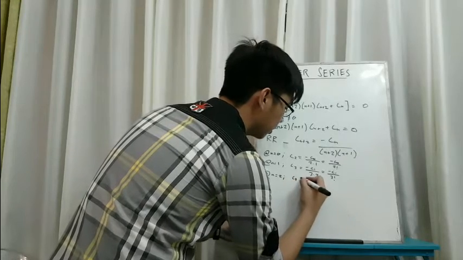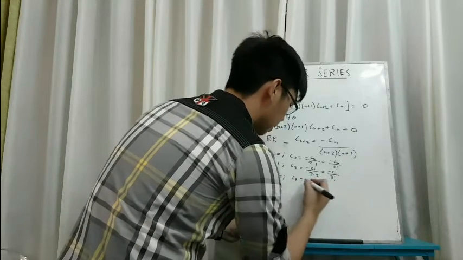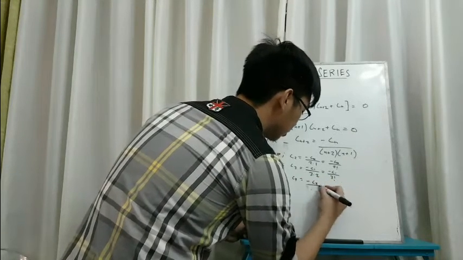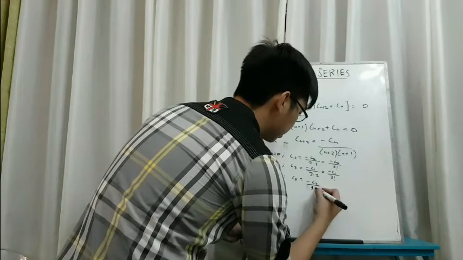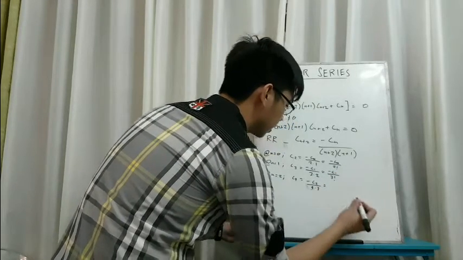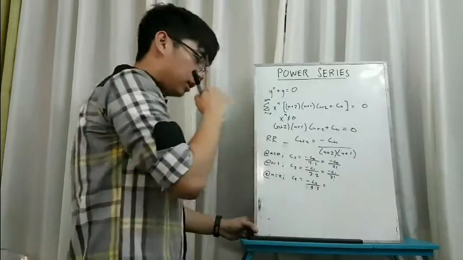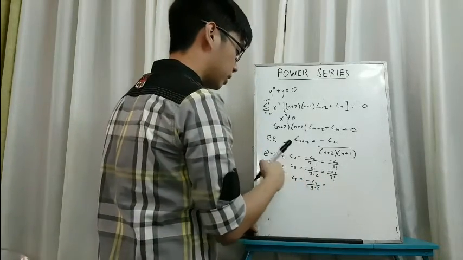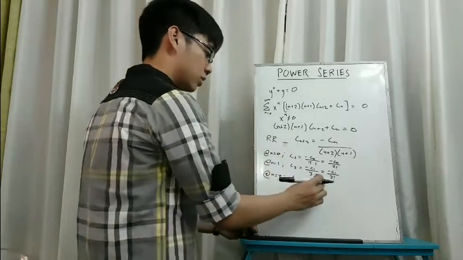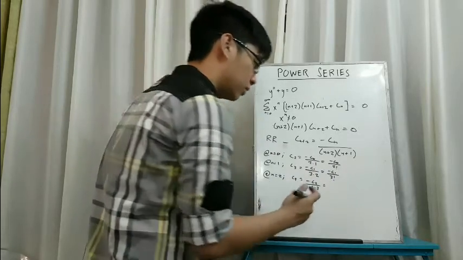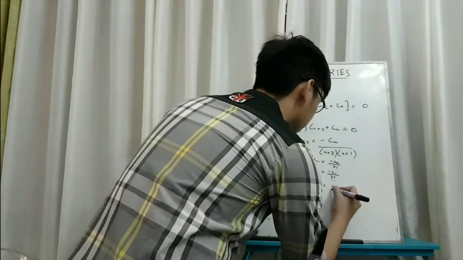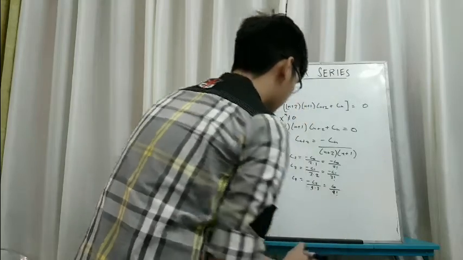At n is equal to 2, C4 is equal to negative C2 over 4 times 3. But as you can see, we have C2 here, so plugging that in would give us C0 over 4 factorial.